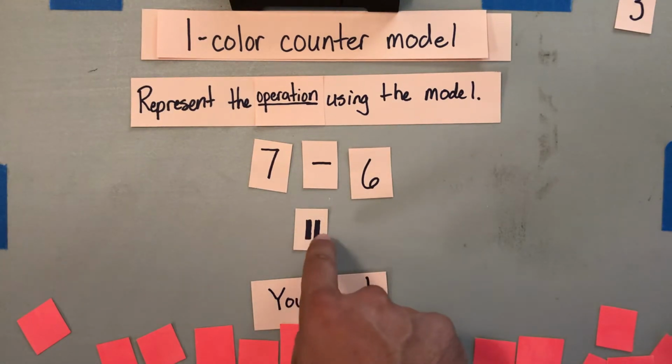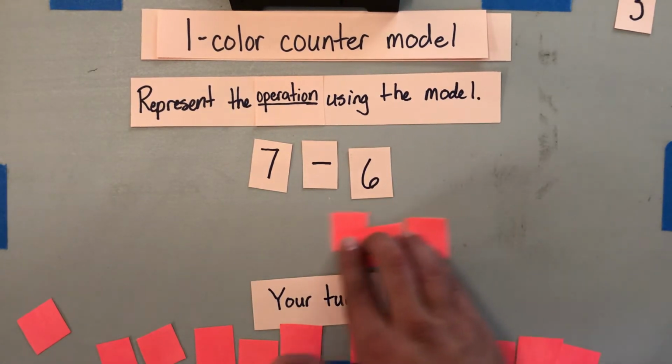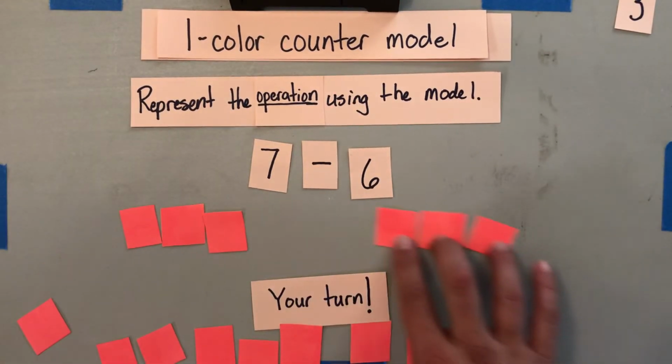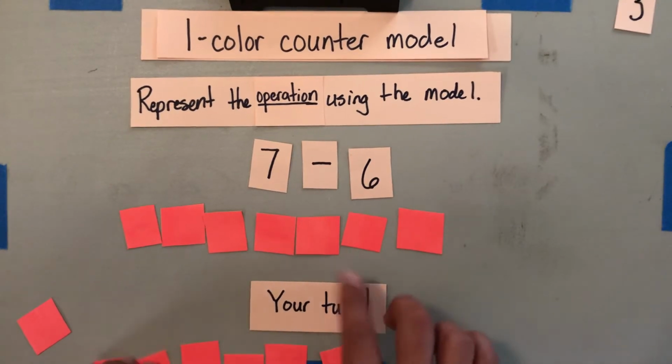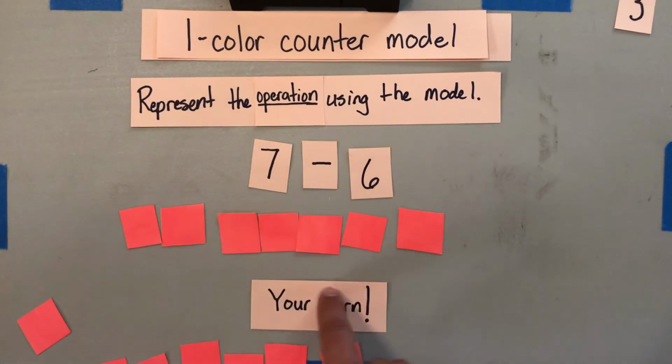Okay, thank you for pausing. Let's go ahead and model 7 minus 6. So remember, one of the differences between addition and subtraction is that when we subtract, we only need to put that first number down. And that first number is 7, and we're going to take away 6.